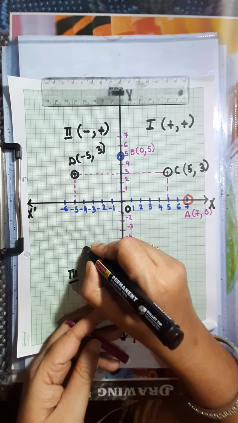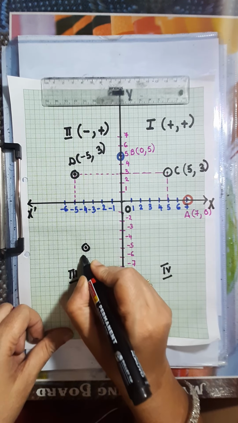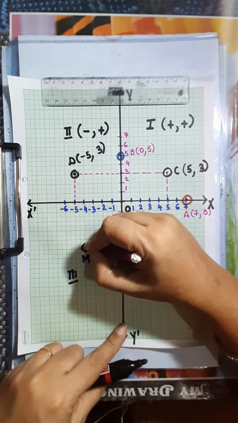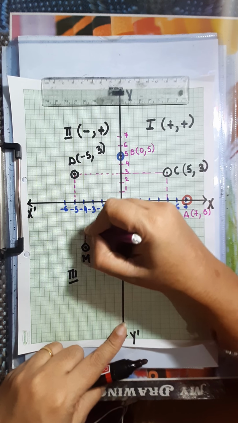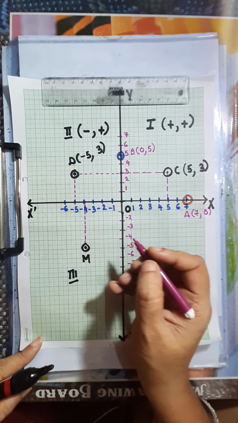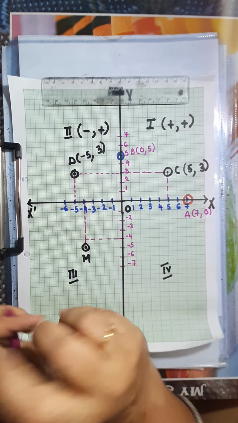Now let's pick up any point here in the third quadrant. Let us call it point M. We'll drop a perpendicular here and draw another perpendicular here. Let's assume my point is here.